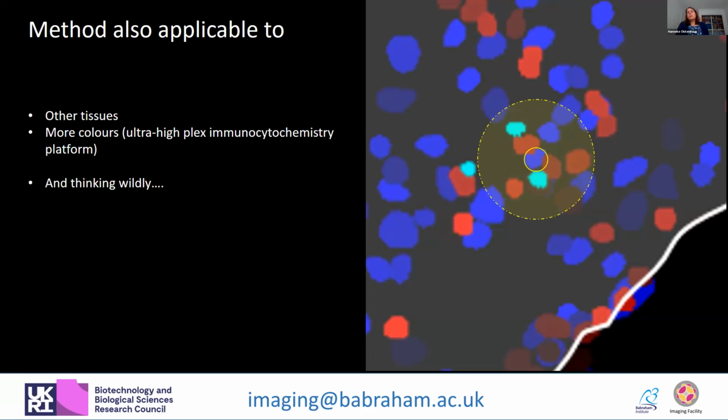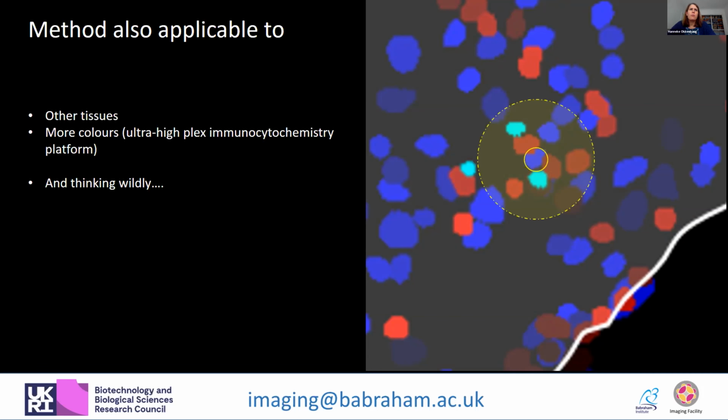Now, this can, of course, be used not only for tissue sections of germinal centers. You can use it for other tissues as well, also for multiple colors. We have recently secured funding to acquire an ultra high-plex immunocytochemistry platform. So potentially we could get images in many more colors than just the 7 that we can acquire on the Leica microscope.